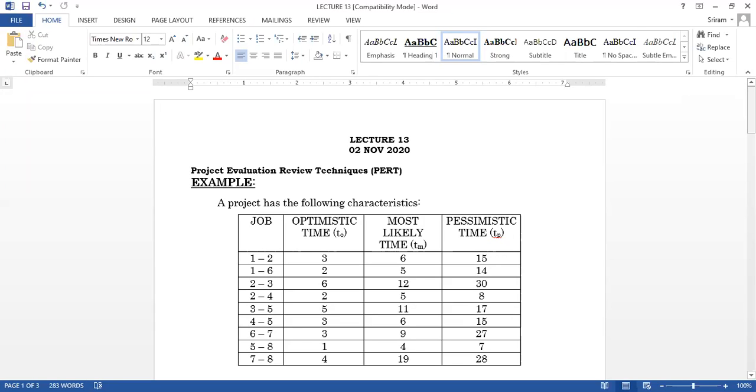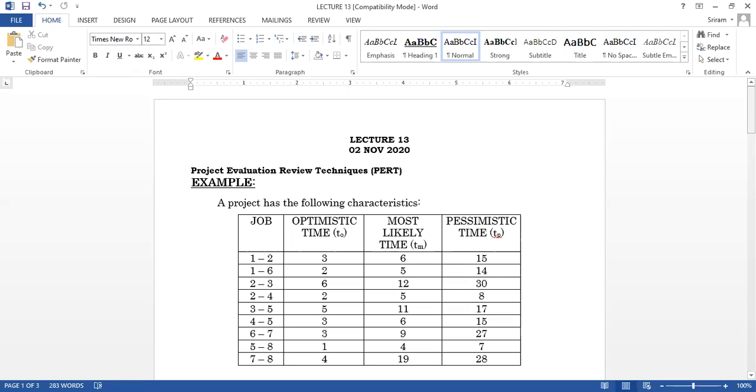Please remember, the optimistic time will always be the smallest number, the most likely time will be some middle number, and the pessimistic time will be the biggest number. If you have it the opposite way, maybe by mistake a big number in the optimistic time, then the whole answer will be wrong. That is why I am telling you in advance.